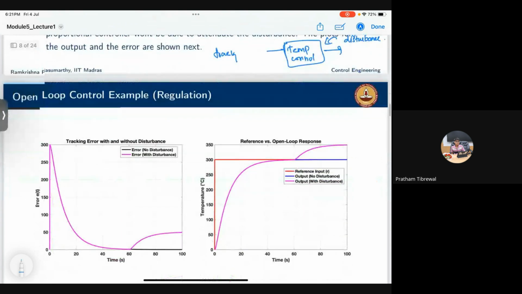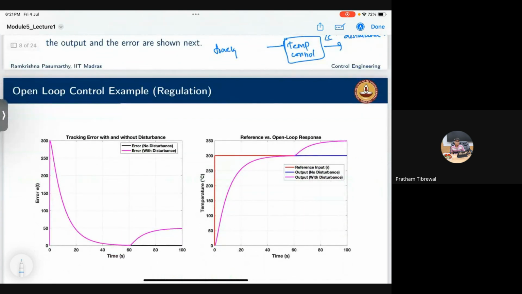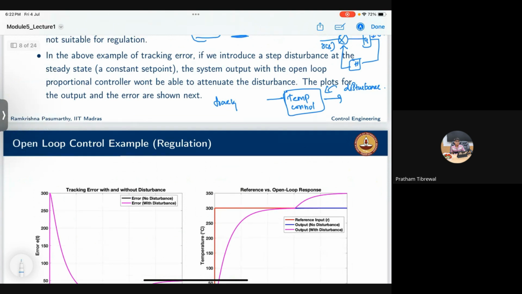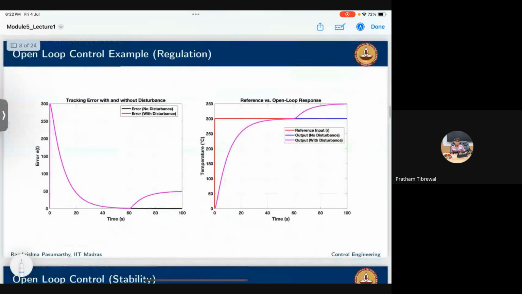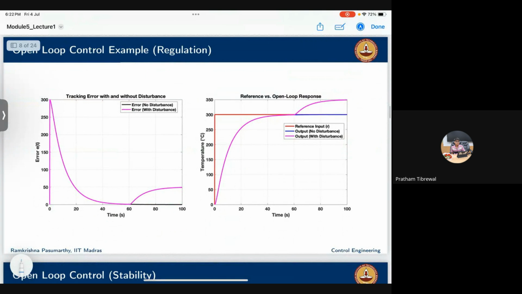So this is another example where you can see, if we simulate the same thing, the black line is the error without any disturbance.